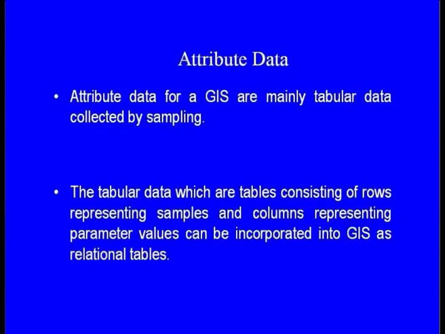Next is attribute data. Attribute data for a GIS are mainly tabular data collected by sampling. The tabular data, which are tables consisting of rows representing the samples and columns representing parameter values, can be incorporated into a GIS as relational tables.